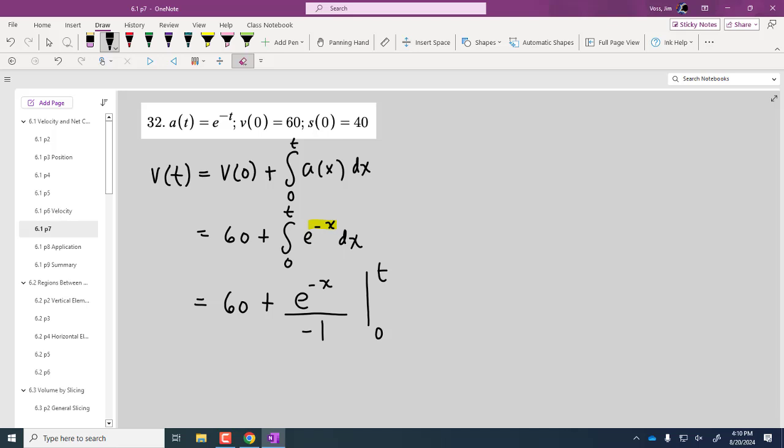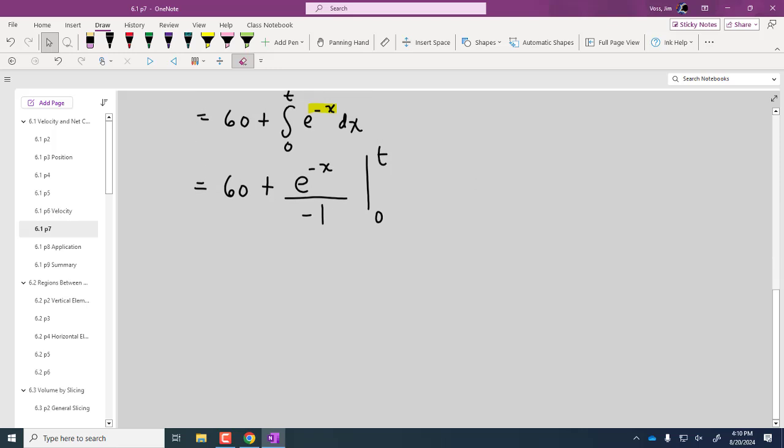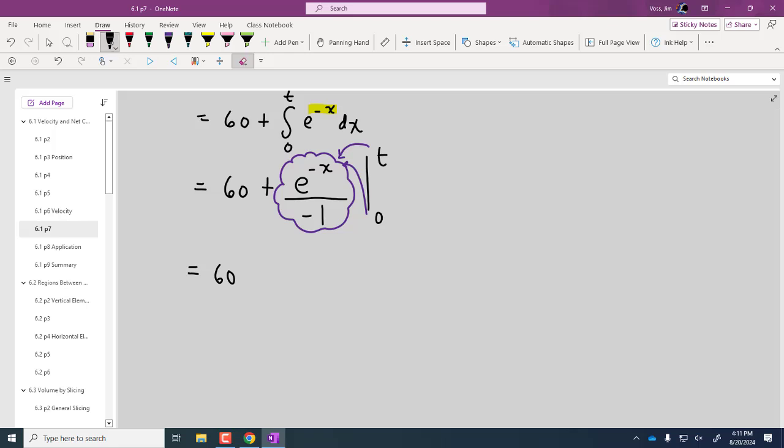Let's make sure we don't screw this up. So right here, this is our antiderivative, right? That's what the t and the 0 are getting plugged into. So first, let's plug in the t. Plugging in that t, we are going to get negative e to the negative t.